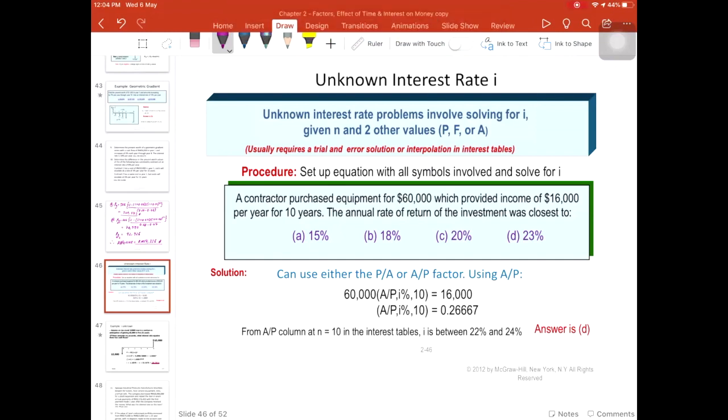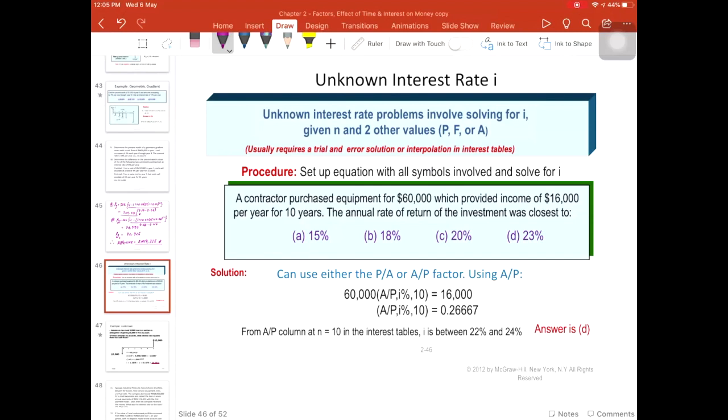Okay, example: a contractor purchases equipment for 60,000 which provides income of 10,000 per year for 10 years. The annual rate of return on the investment was closer to... Okay, you can use either the P/A or A/P, it depends. You can use either one, but you have to be appropriate. So this one, we try to use the A over P. We know that A is 10,000 ringgit because we get it every year.